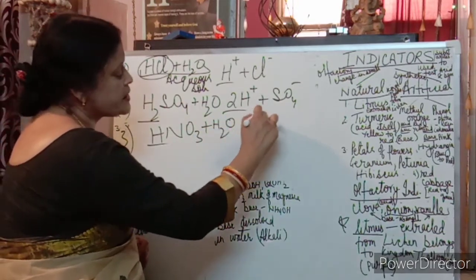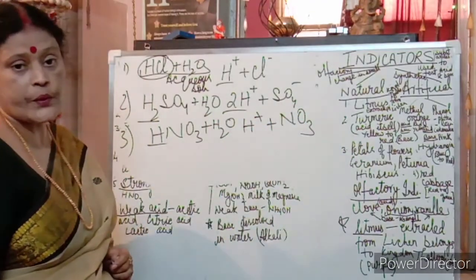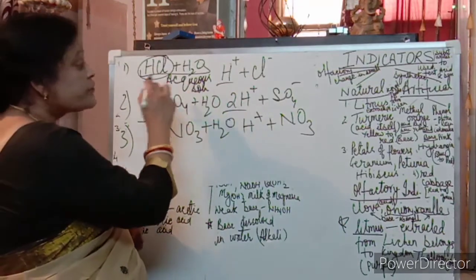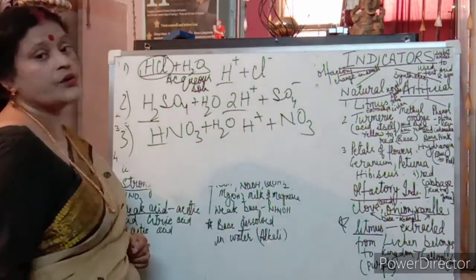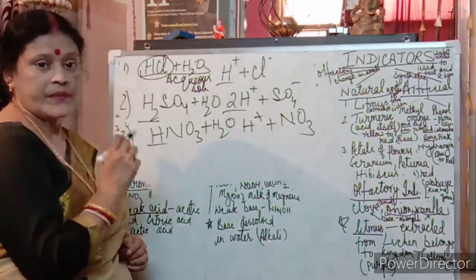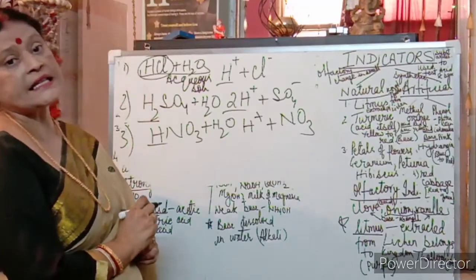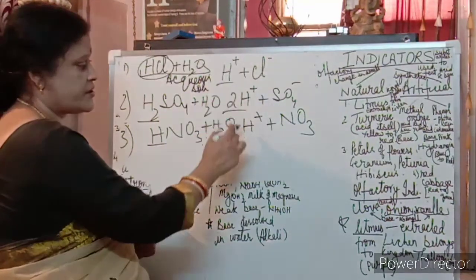So H positive plus NO3 negative. Yes, student. So these are all breaking down into H positive and negative ions. Any substance is considered to be an acid when it is releasing H positive ions.